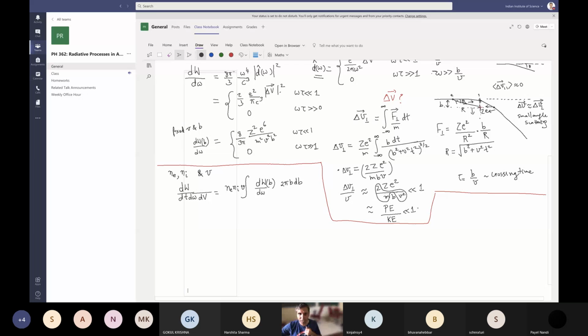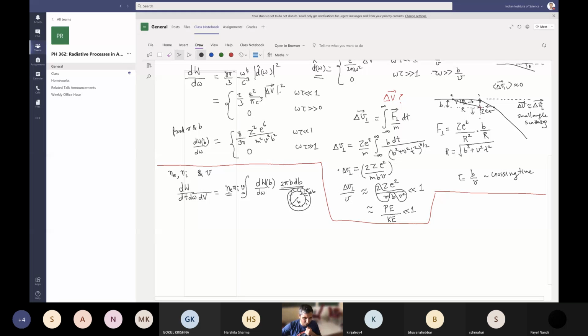So this 2 pi b dB is the area of this annulus of size dB, if you consider the impact parameter B. And we are considering an electron number density Ne moving with velocity V.